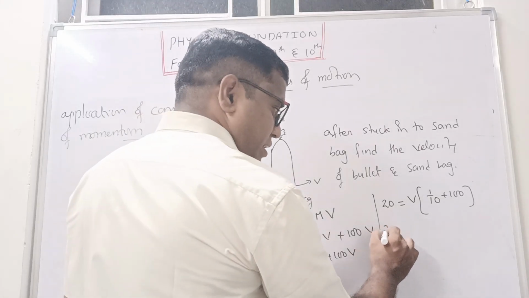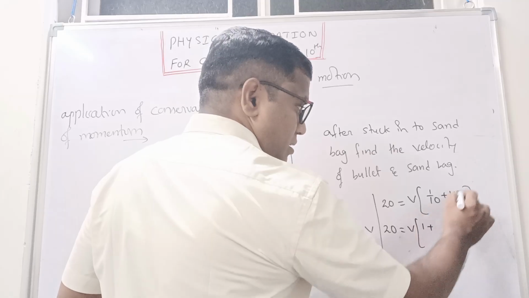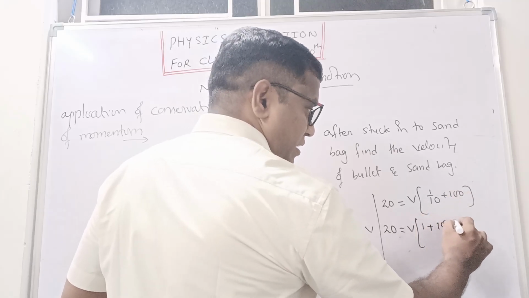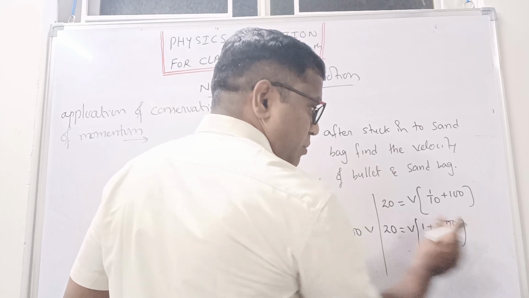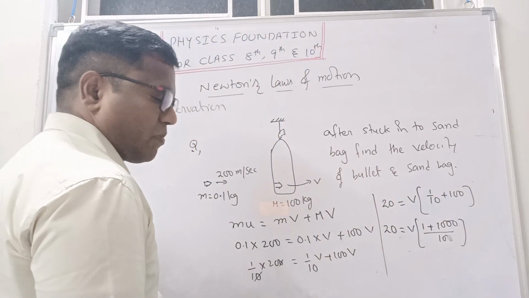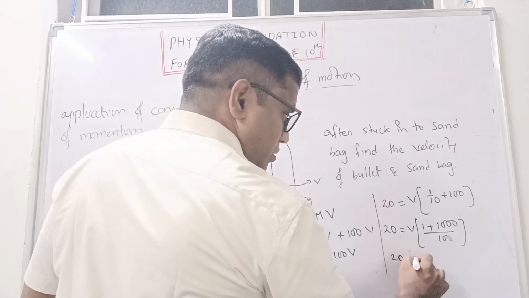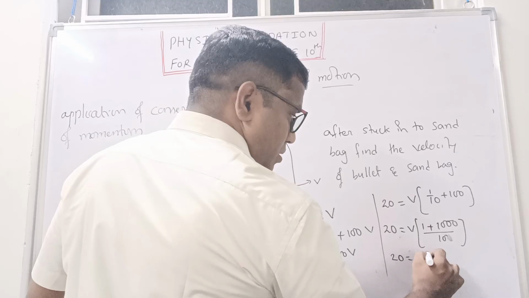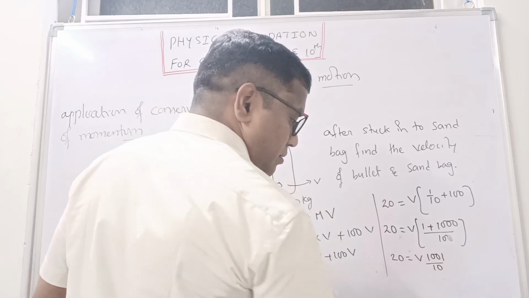So 20 is equal to v into 1 plus 1000 by 10, since the denominator 10 comes here. So you get 20 is equal to v into 1001 by 10.